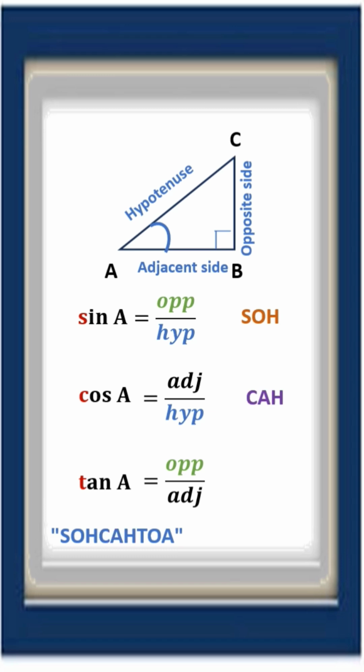What is cah? See here C stands for cos A, A for adjacent side, H for hypotenuse. So cos A is equal to adjacent side by hypotenuse. Toa. Here T stands for tan A, O for opposite side, A for adjacent side.